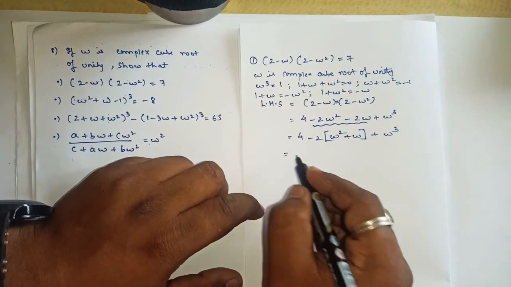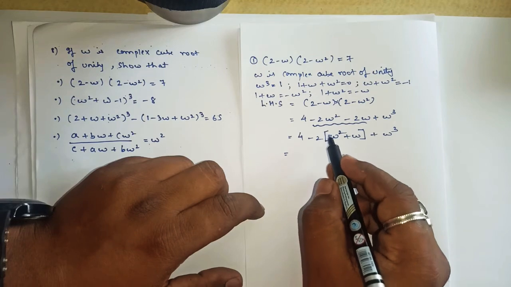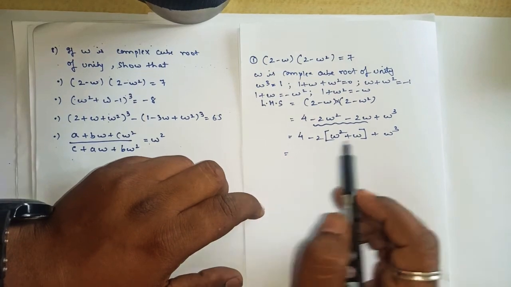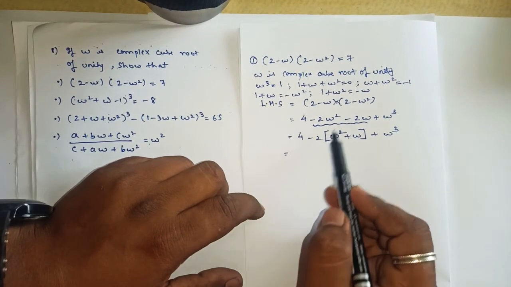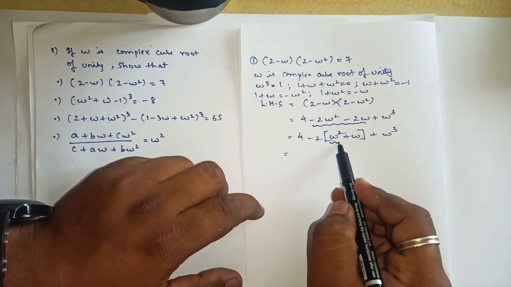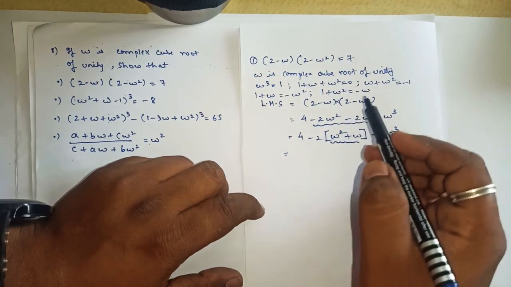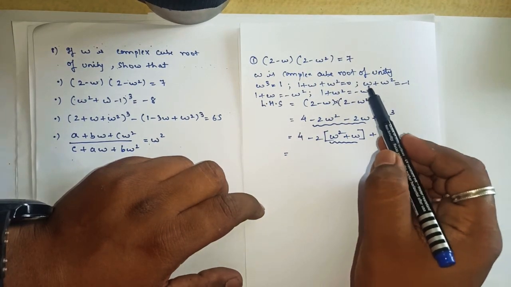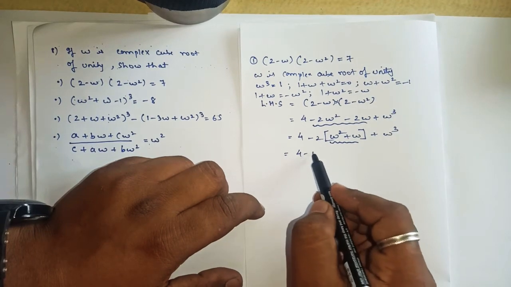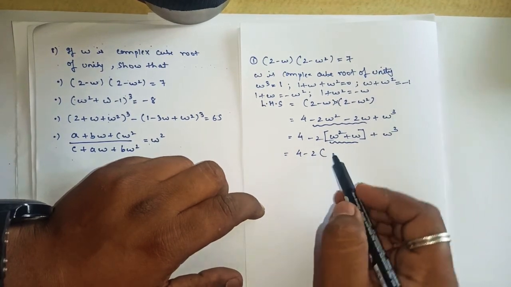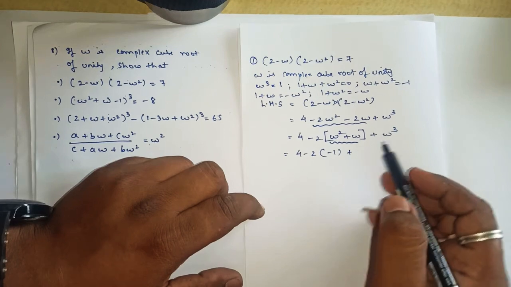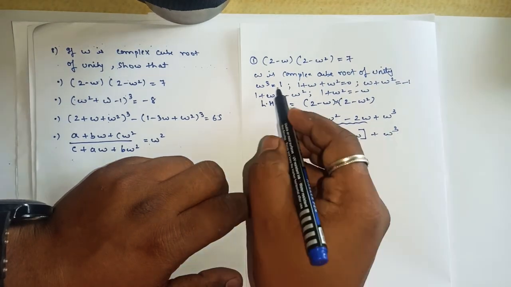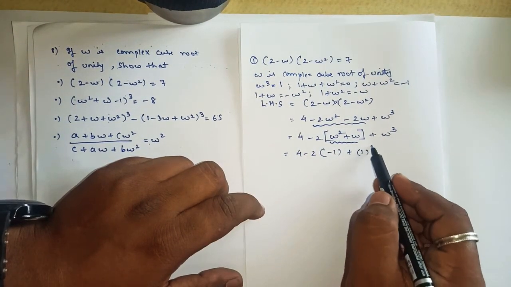Okay, now why I did this step like this? Because if we bring minus 2 outside, as clearly we can see that in place of w square plus w we can write it as minus 1, yes or no? And in place of w cube we know that is 1, yes or no?